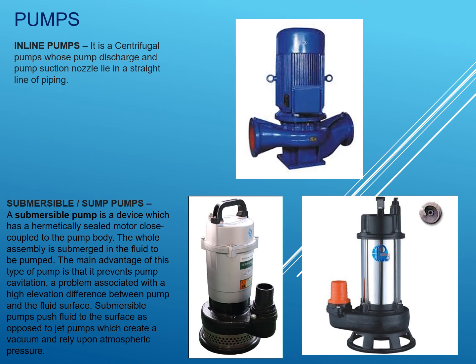The submersible pump pushes fluid to the surface as opposed to jet pumps, which create a vacuum and rely upon atmospheric pressure. These submersible pumps are usually found in underground cistern tanks or underground water tanks.